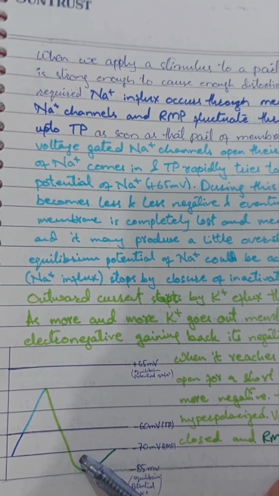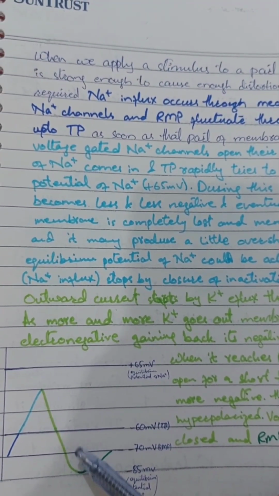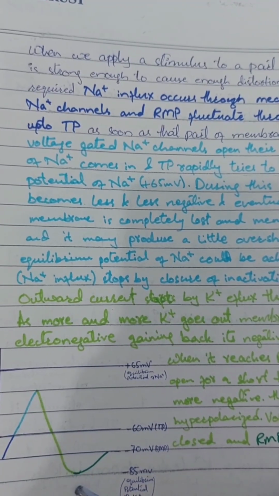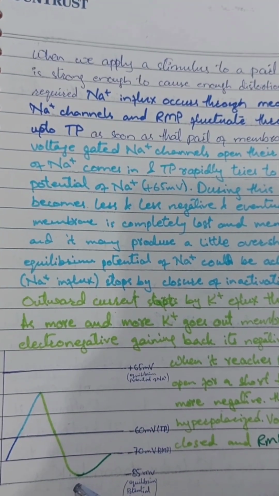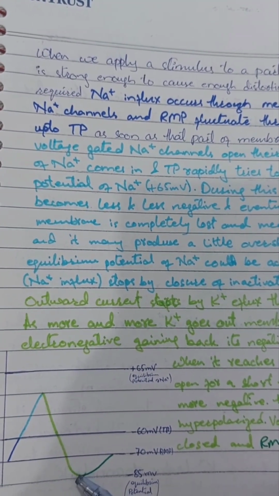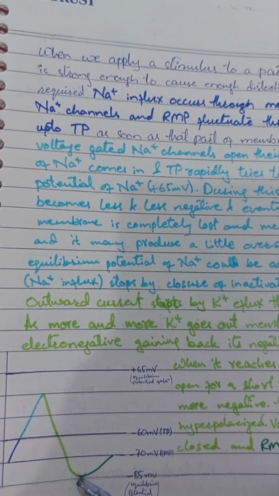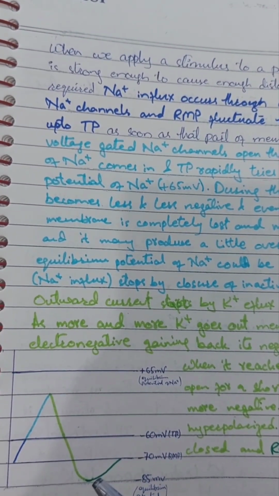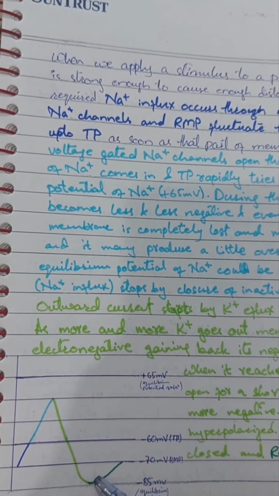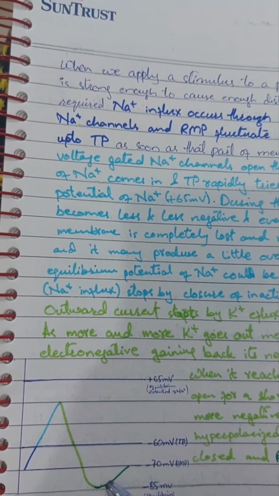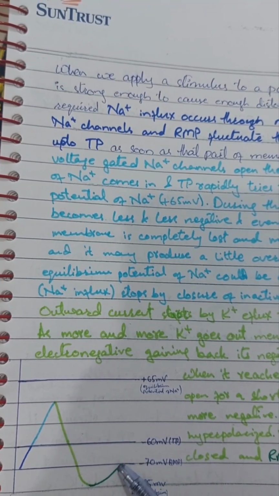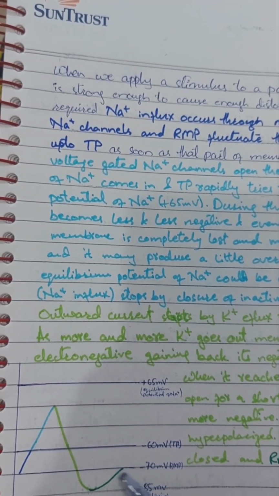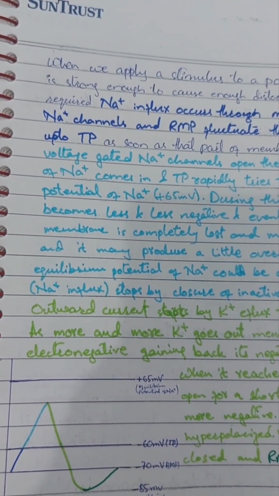They are sluggish. The membrane becomes more and more negative than the resting membrane potential. The membrane becomes hyperpolarized, below the resting membrane potential. Then the voltage gated potassium channels close, and the resting membrane potential is achieved back.